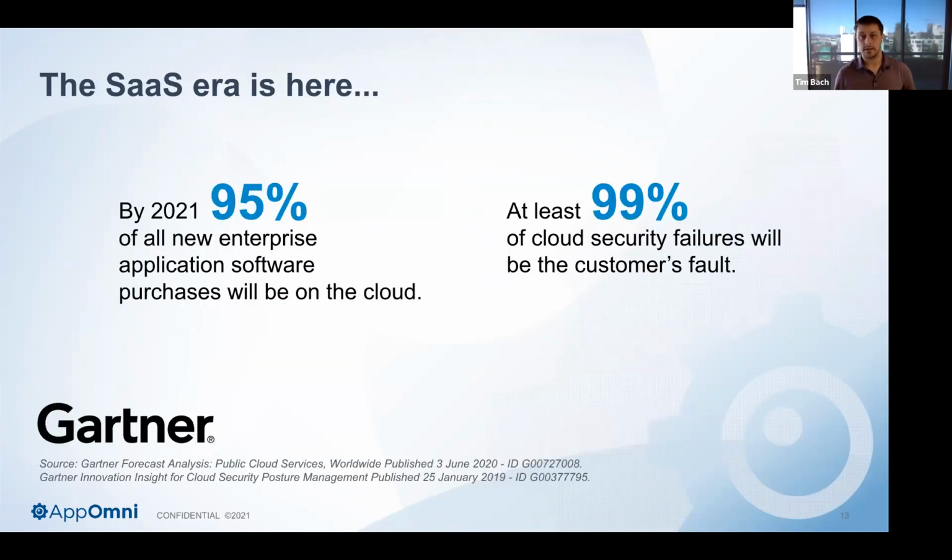So this is, again, going back to Gartner research. Most new software purchases in the enterprise, not surprisingly, are cloud-based. And Gartner believes, and I have to say I agree with them, kind of exactly what we were talking about earlier: the cloud systems are secure.